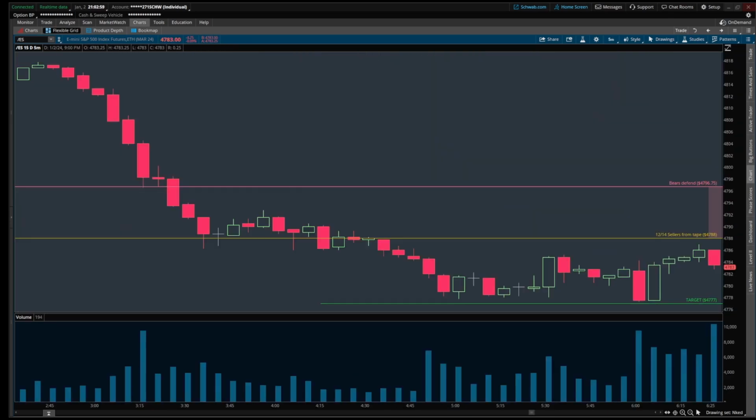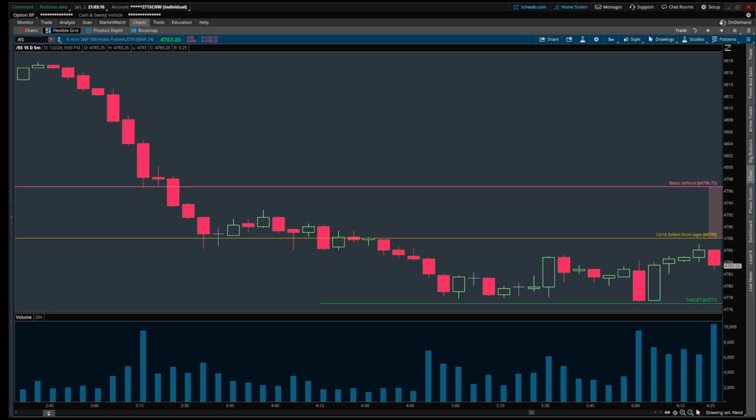Coming into the market open, ES was gapping below my 4796 level, validating that continuation sell-off that I was expecting, and below my 4788 level that stems from the tape.